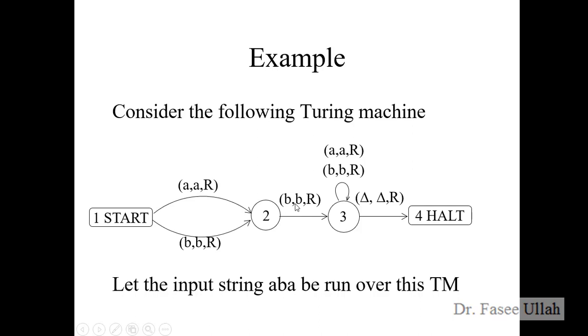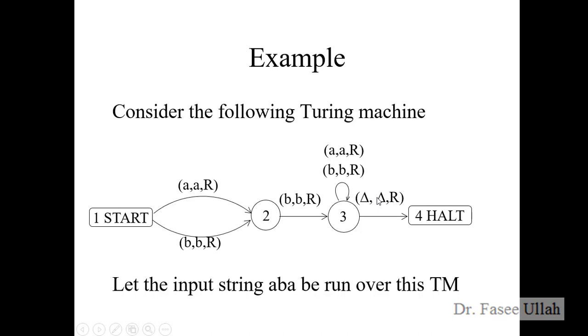Same case over here, we have B B R. We have a loop, and we can represent the loop in this way: symbol, value and R. So we can read either A or B.